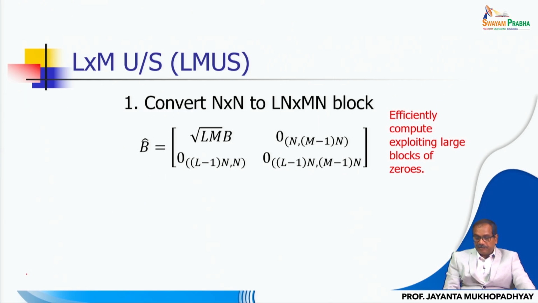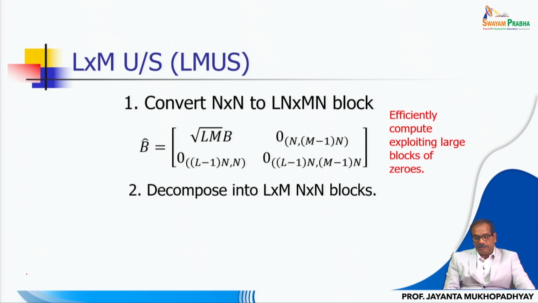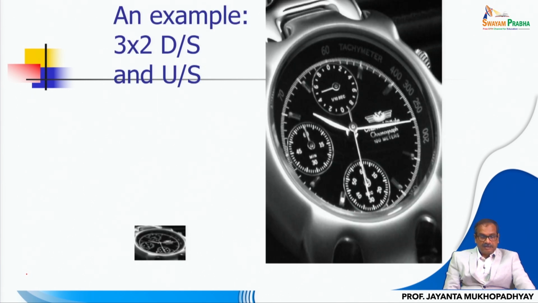So efficiently compute, exploiting large blocks of zeros, and decompose into L cross M, n cross n blocks. So this is one example for downsampling and upsampling.